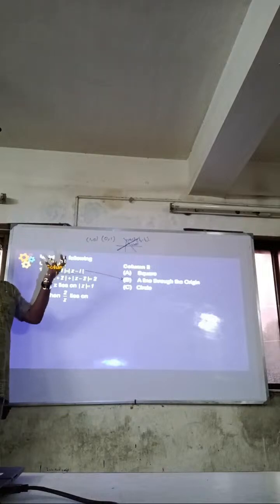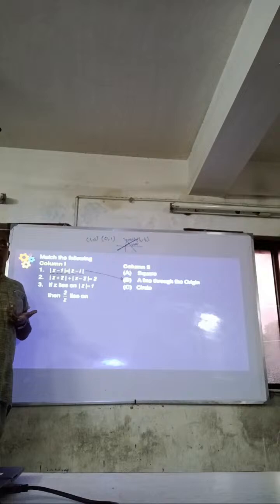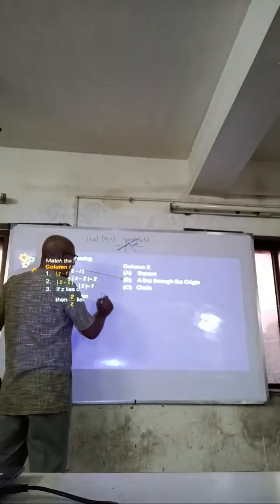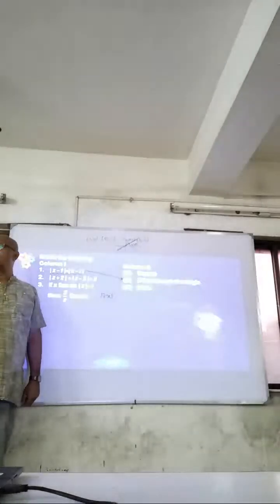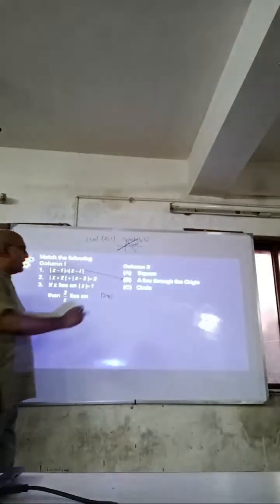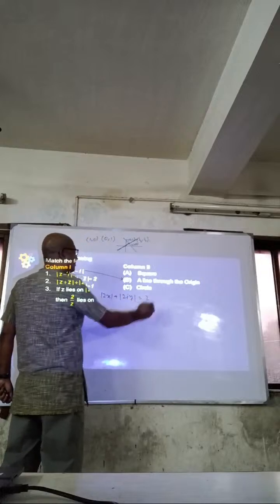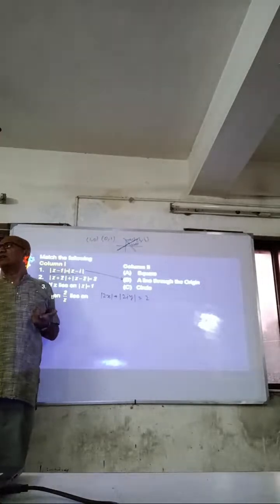Why are you taking so much time? Z plus Z bar gives you what? 2x. Z plus Z bar gives us 2x. So mod of 2x. Z minus Z bar is 2 iota y. So plus modulus 2 iota y, which is equal to 2. Now, modulus of iota y will give us what?